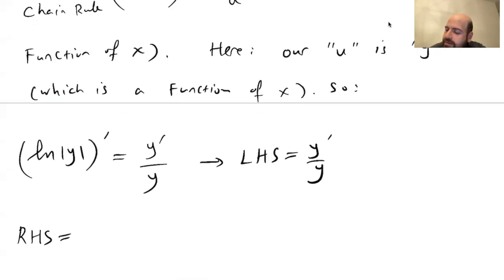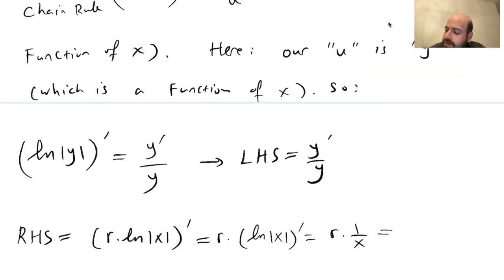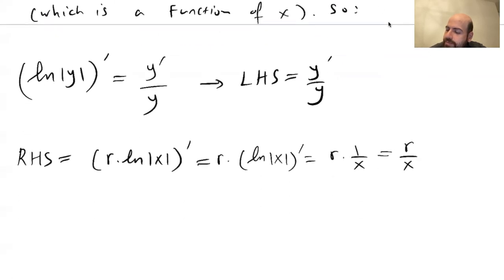R times the derivative of ln absolute value x. So this is going to be r times, r is a constant, right? So the derivative of a constant times a function is just that same constant times the derivative of the function. So r times the derivative of ln absolute value x, which is r times 1 over x, which is r over x.